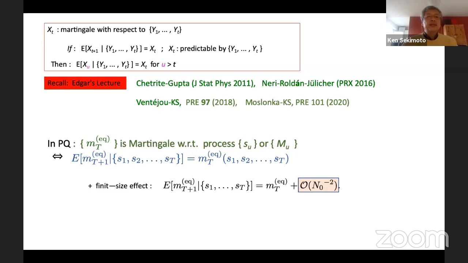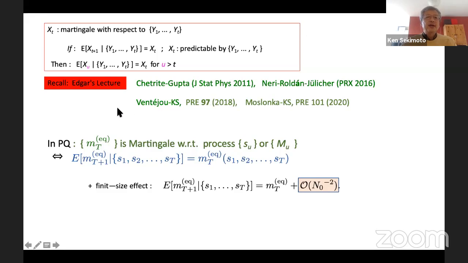So in mathematics, the Martingale has been used for a long time, but in physics, it is only recently that the consequence and the importance of the Martingale has been found, as in a paper by Shetrit and Gupta and Edgar's group.